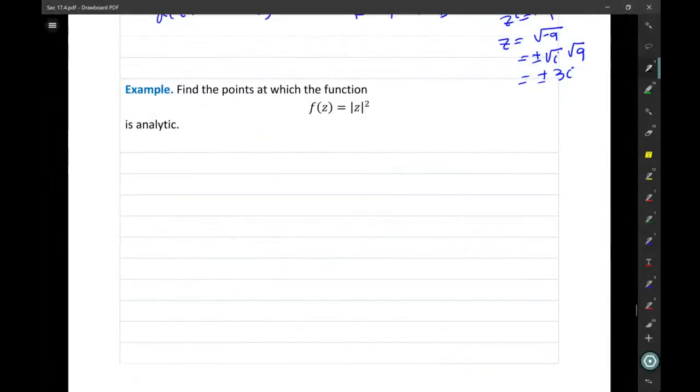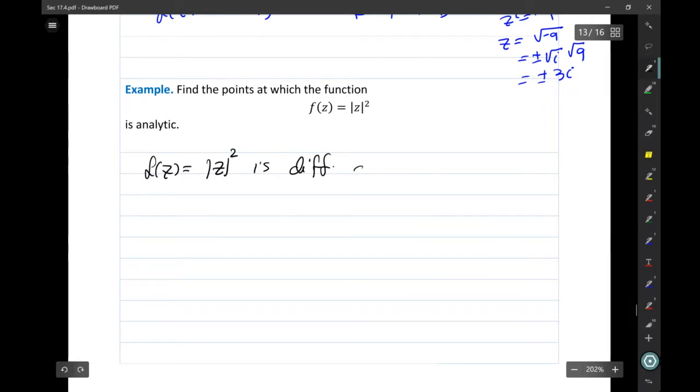So is this function analytic at z equal to 0? Look, the function f of z, absolute value of z squared, is differentiable at z equal to 0 only.